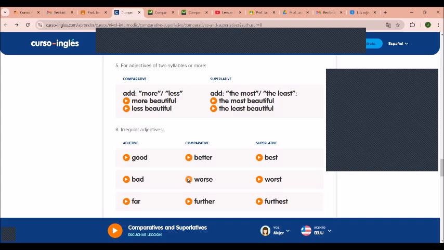If you are comparing one in a group, then you'd use the most for positive superlatives, and you use the least for inferior superlatives, right?